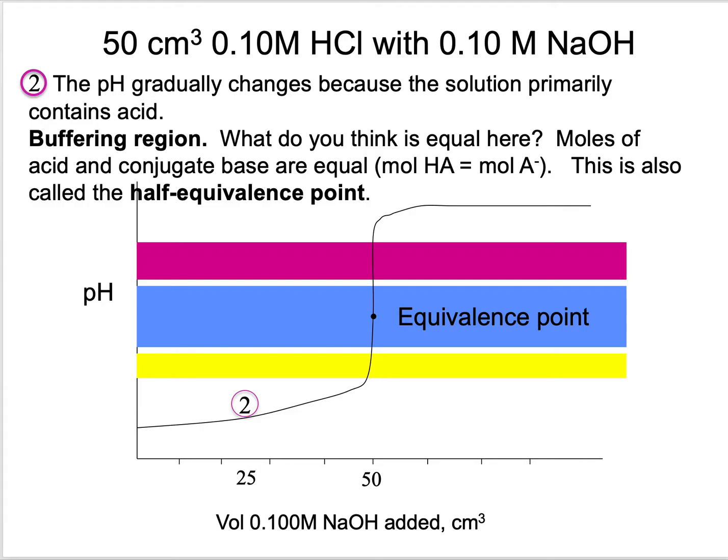Then for number 2, halfway across the bottom of the graph there, called a buffering region, which is more important with weak acids and indeed weak bases, and called the half equivalence point, but only important for weak acids which have an equilibrium constant, a Ka, an acid dissociation constant.